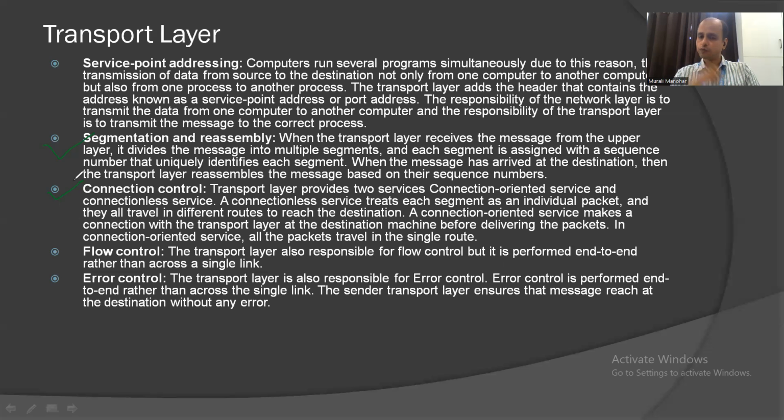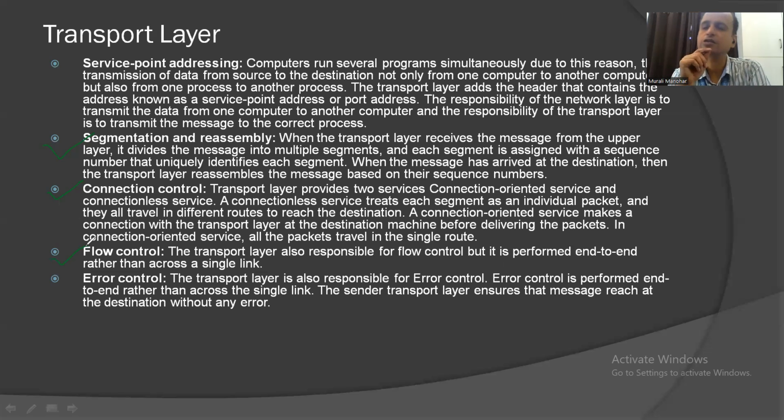Fine. With the help of this process, this layer also performs flow control. Flow control of data. Okay. And if there is flow control, like I have just given the example of acknowledgement, in that case, if the acknowledgement is not coming, there is some error.